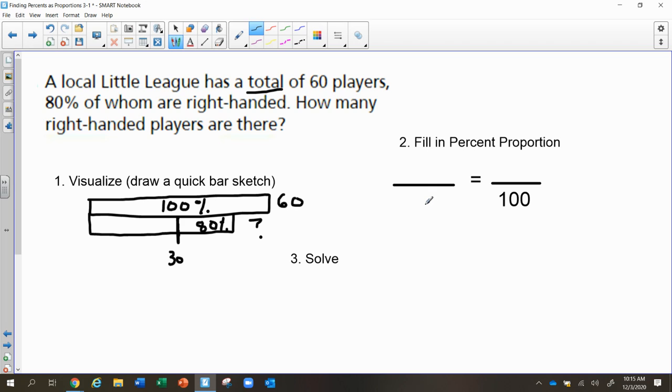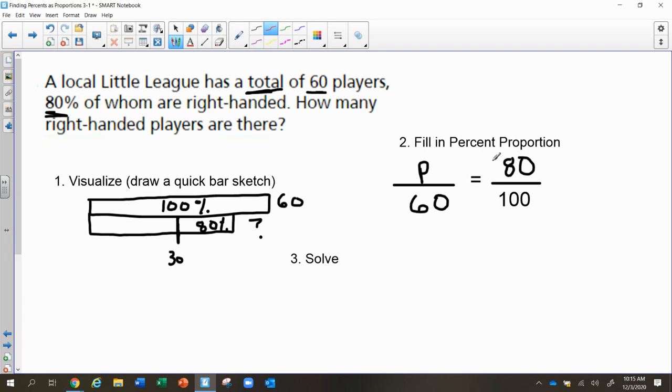Part over whole. So total, the whole is 60. The percent over 100, that's 80. And I'm looking for players. So you can put P, you could put X, you could put R for right-handed. Doesn't matter.